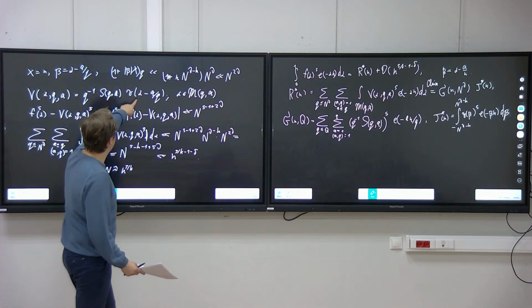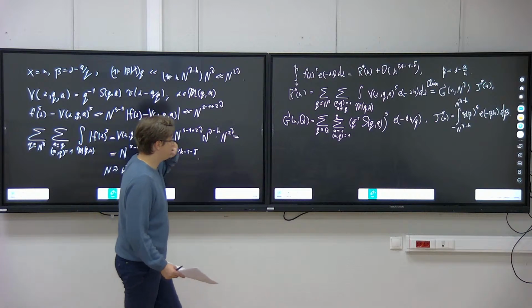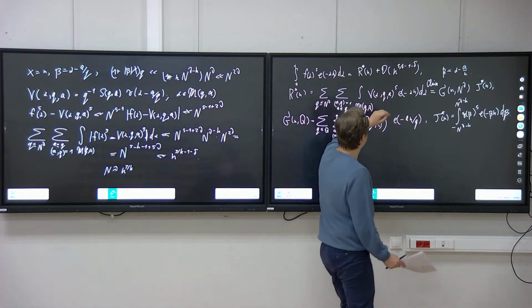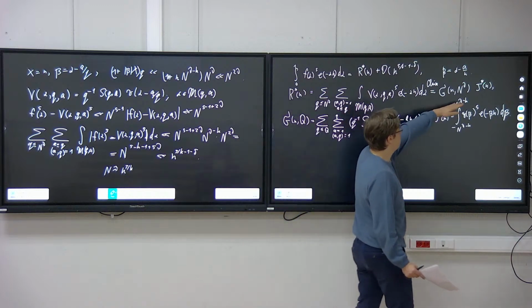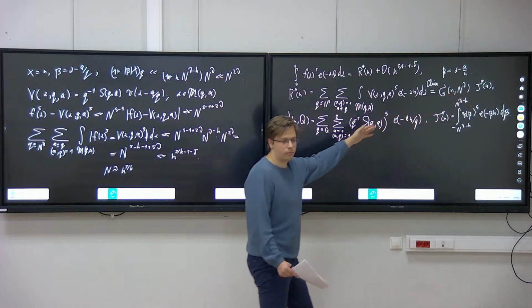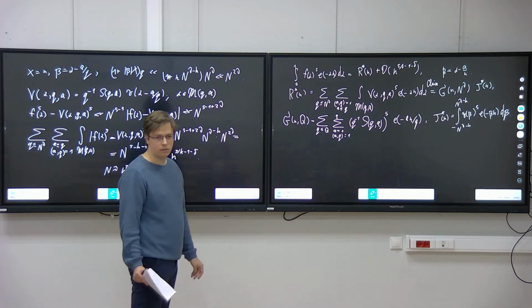This will be v of beta, and we can decompose it as a product, because the variables are independent. Okay, do you see it?